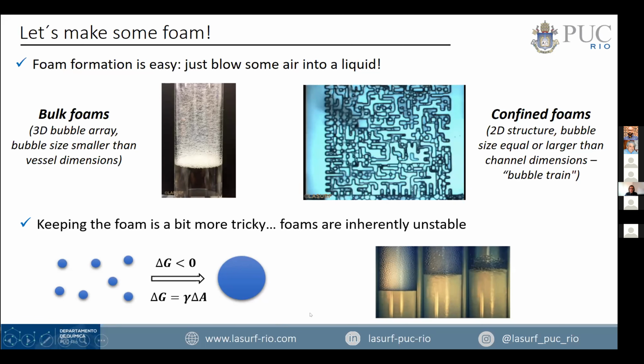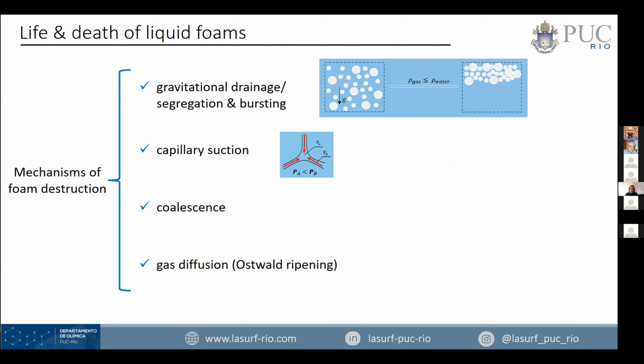And then you can see that capillary suction can also be included in this destruction mechanism for foams, when you have a preferential flow of liquid driven by the difference in pressure inside these channels. Then it all goes to the coalescence of the droplets, into the reduction of this interfacial area.